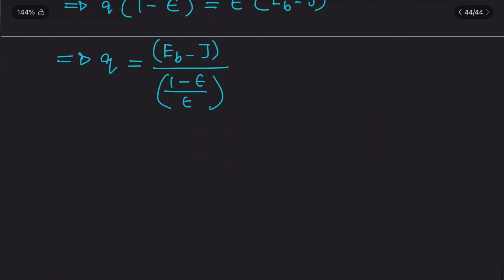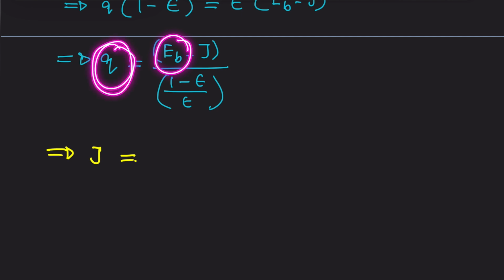Now what we will do is, from here we will directly write the J in terms of Q and E_B. And why are we doing that? The simple reason is that for different surfaces we generally need to find the heat fluxes or the temperature. This thing is a function of temperature and this thing is heat flux.